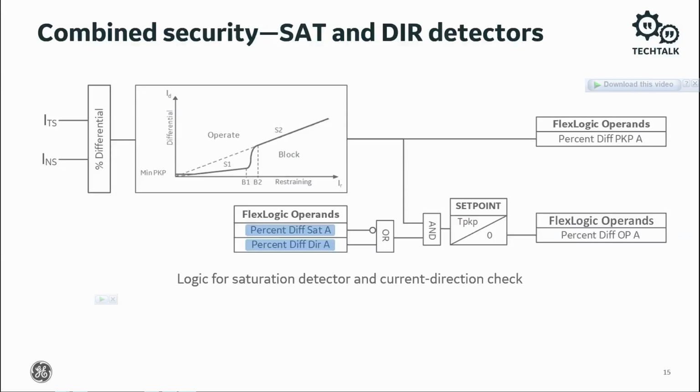If this angle indicates an internal fault, then tripping is permitted. If there's a significant saturation and the direction element says external, the OR gate has 0 and 0 as its inputs. The AND gate does not allow the relay to trip on percent differential.